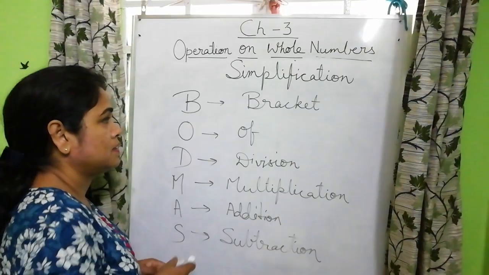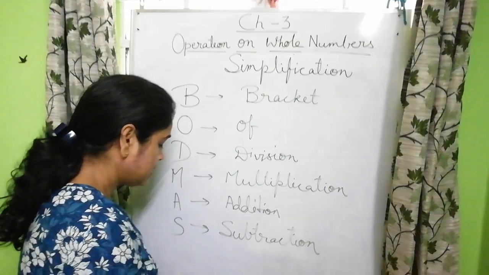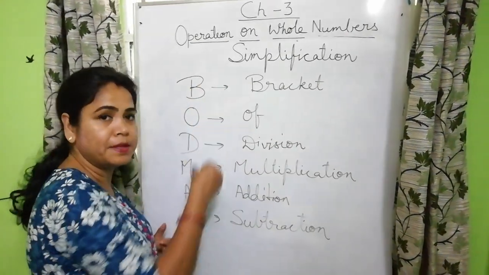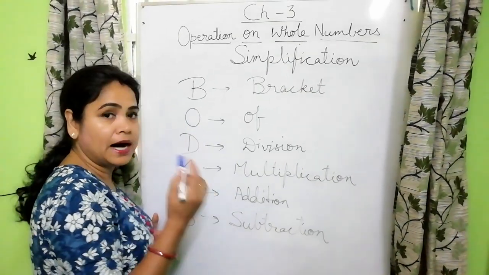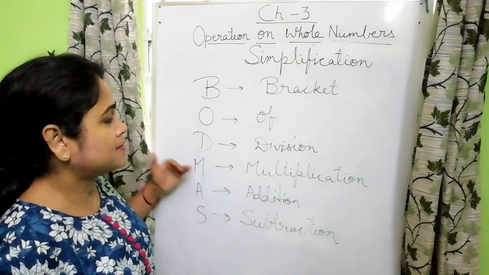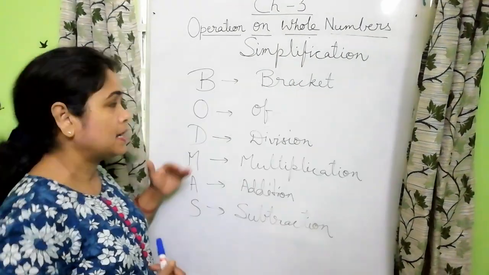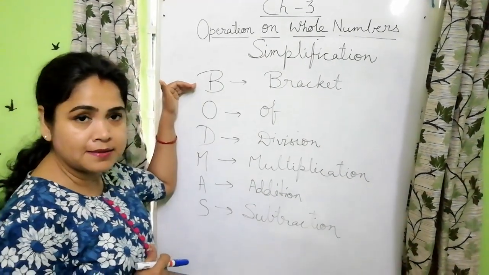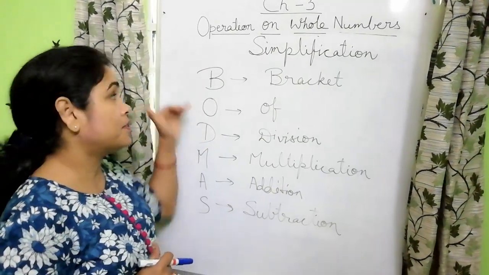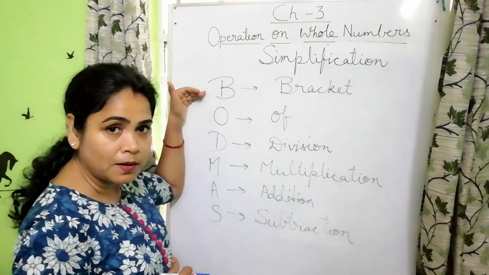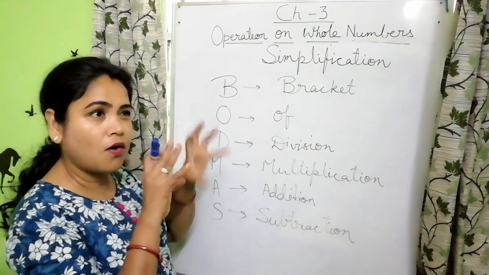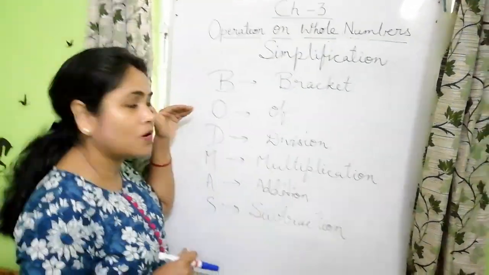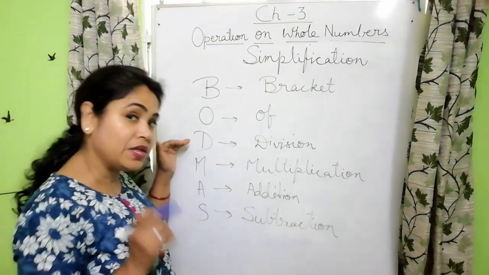What does it mean? This stands for this and that. This is showing the order of simplification. What are the operations we will do first and then which operation we will do next. So in any simplification, if you find bracket is there, first you will solve bracket. Then if any of type statement is there, you will solve of. Then you will do division.